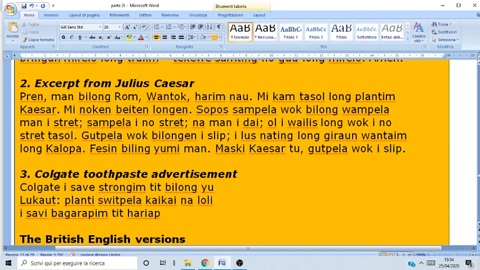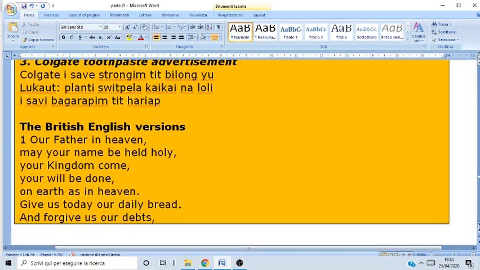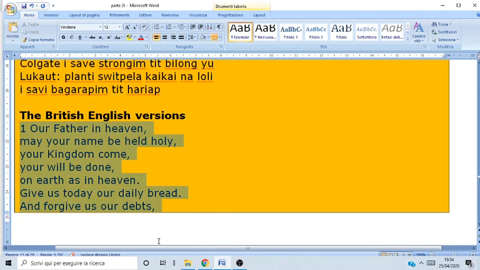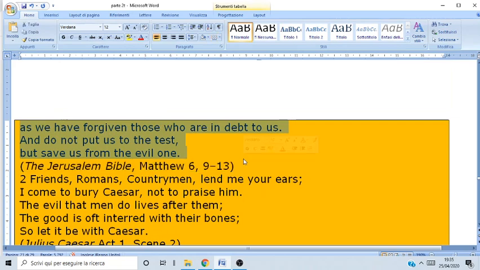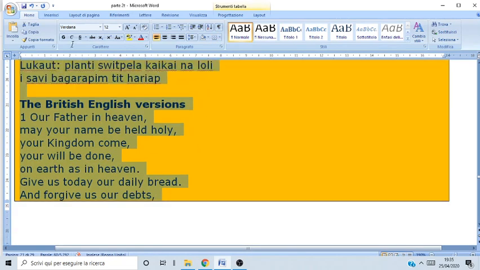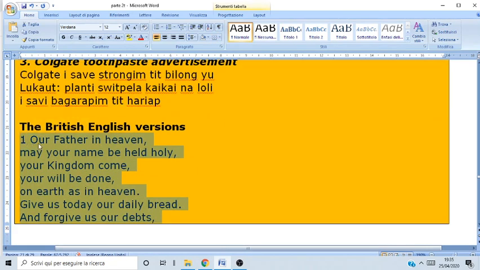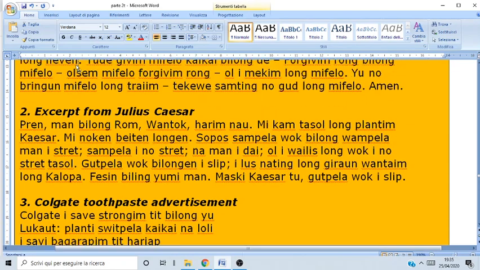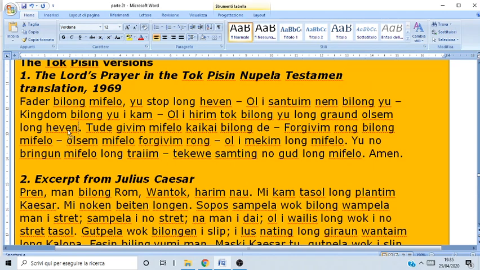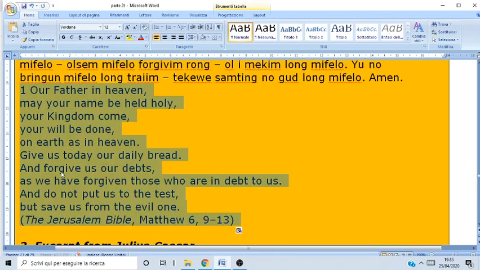So I want to give you 3 examples, 3 excerpts. Use of Creole in different contexts. And we're going to compare them for as much as possible, for what is possible.